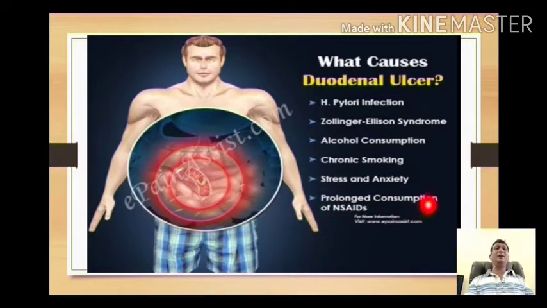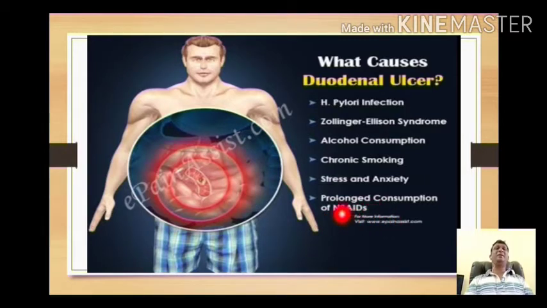And this one is a drug induced acid production, which is called prolonged consumption of non-steroidal anti-inflammatory drugs. Most of the anti-inflammatory drugs contain carboxylic acid. That's why after their consumption, the acid secretion might be increased.